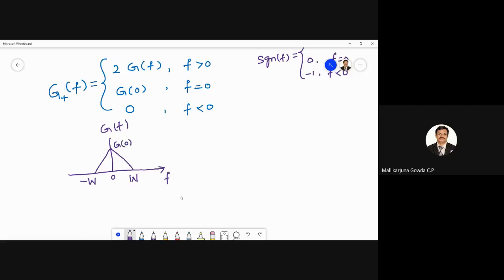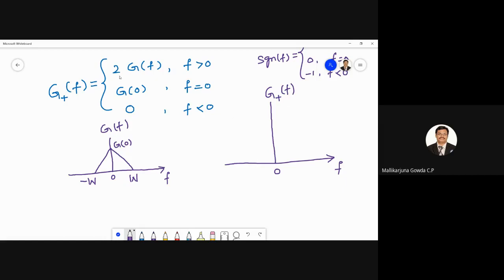So what will be its pre-envelope? What can I draw? You people should be able to say this. G plus of f. This is my G of f, right?